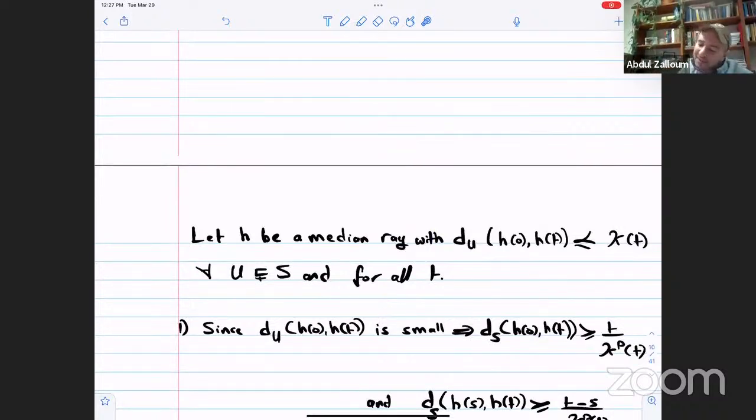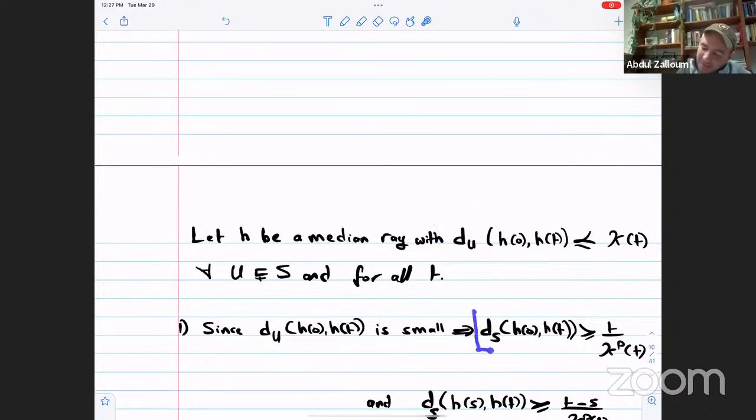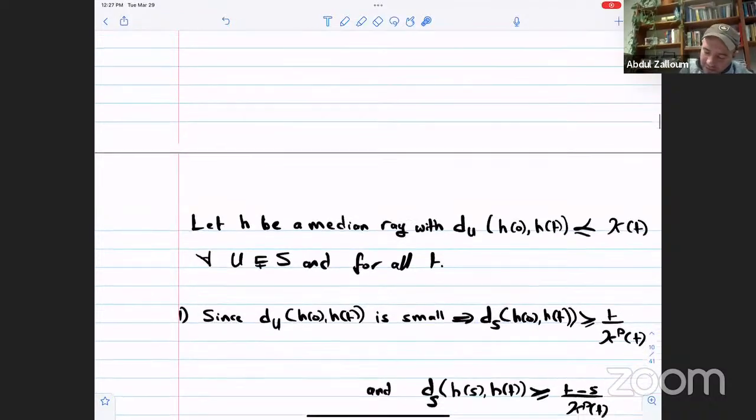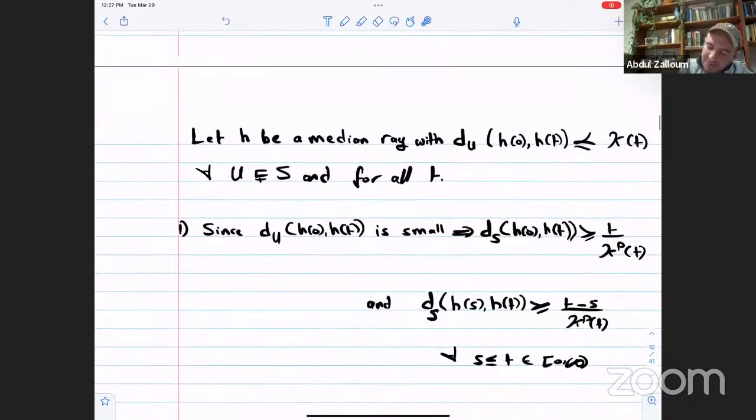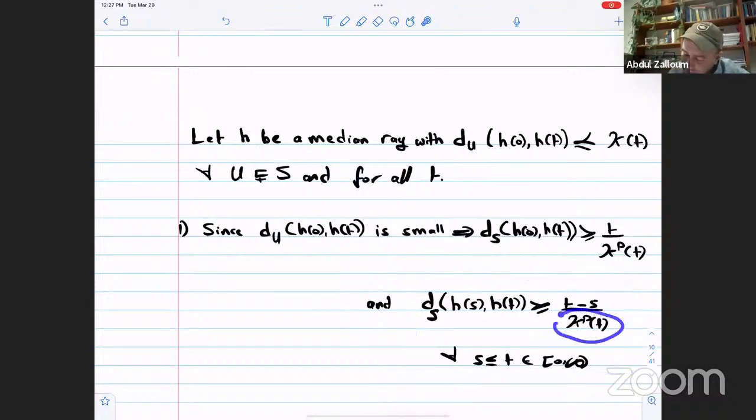And we know that the distance in each hyperbolic space is small, so it has to be large in the top level guy because it's the only one where it's not small. Now you can wiggle this a bit and show that, in fact, the distance in the top level curve graph is going to be larger than t minus s over kappa to the p of t for any s and t in 0 infinity where s is less than t.